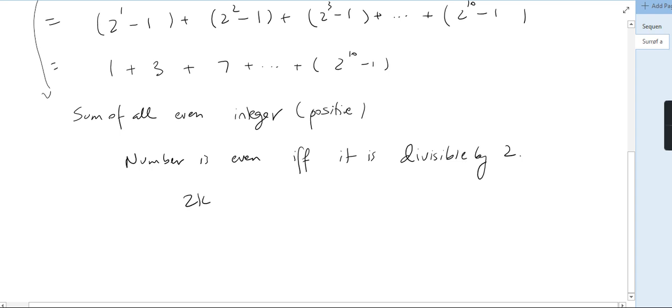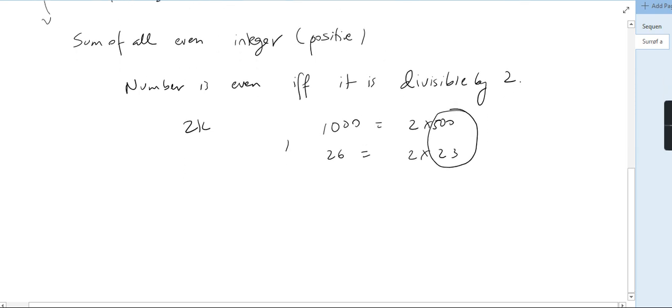So let's say any even number, let's say 1000. So 1000 can be written as 2 times 500. Let's take a small example, like 26. It could be written as 2 times 13. So any even number can be represented by definition as a product of 2 and another number.